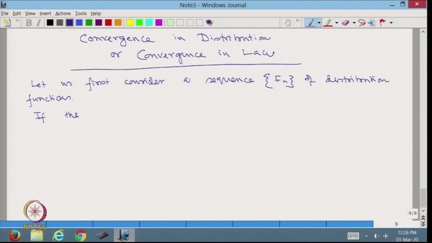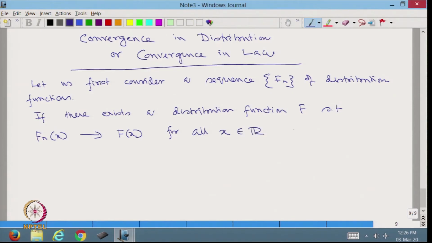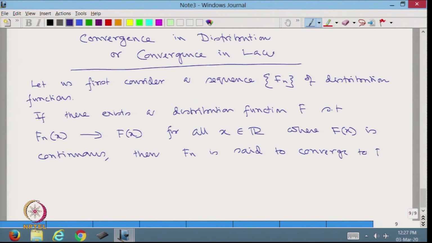If there exists a distribution function F such that Fn(x) converges to F(x) for all x belonging to R where F(x) is continuous, then Fn is said to converge to F weakly.